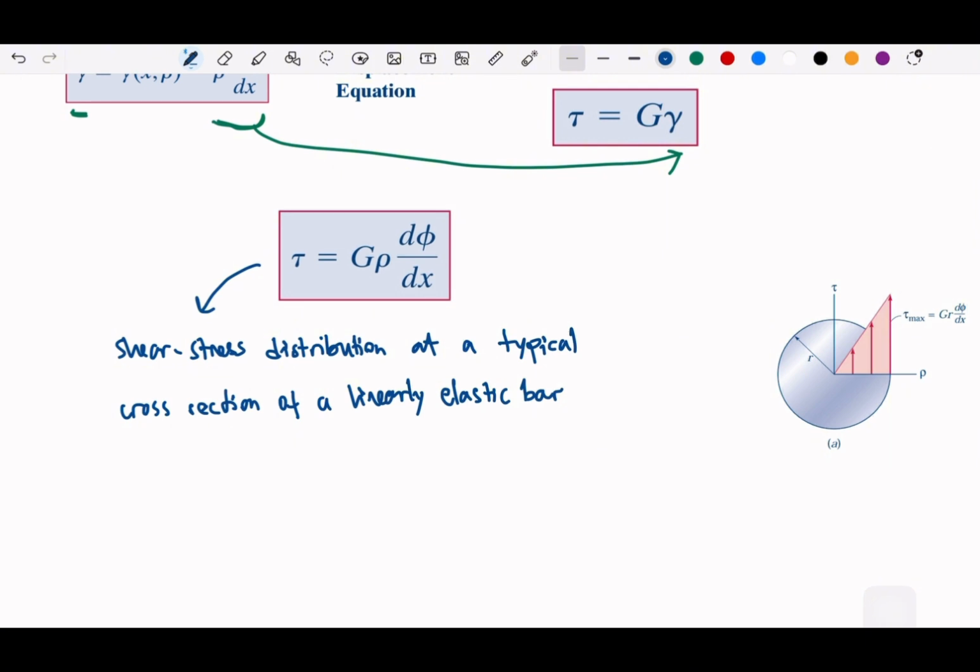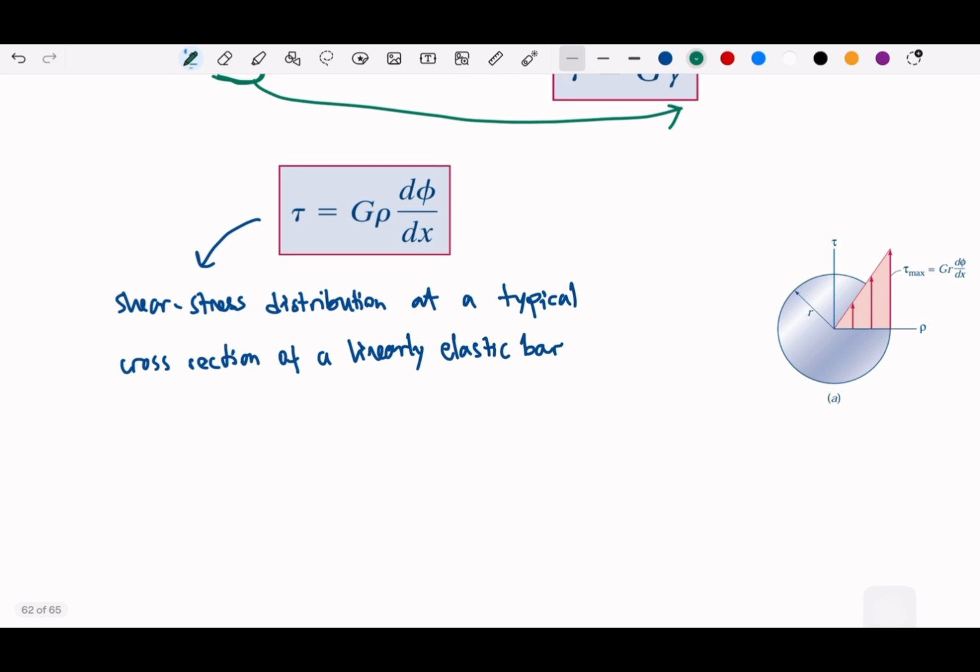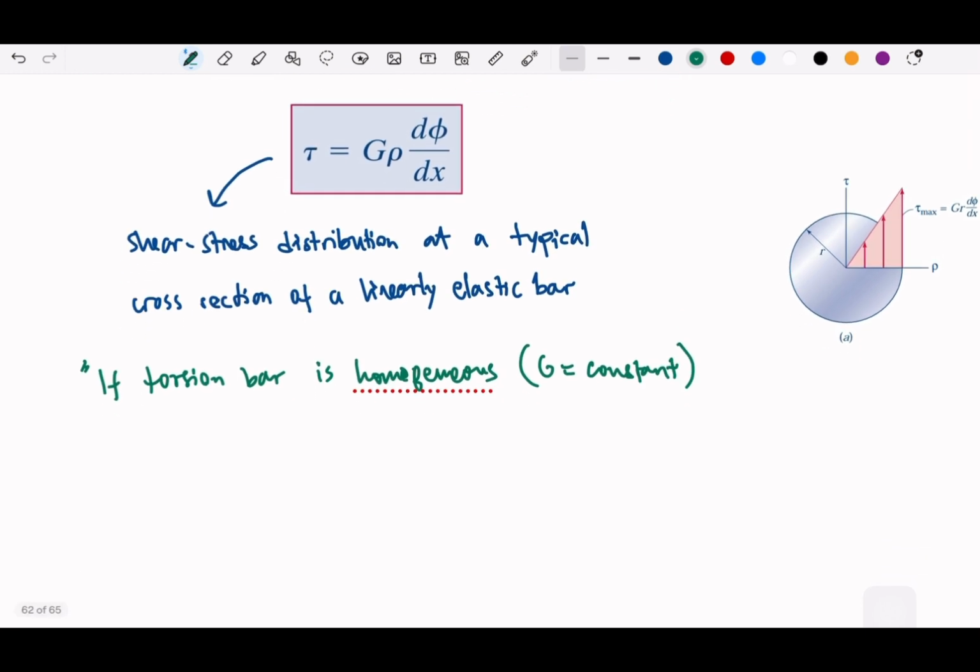So if the torsion bar is homogeneous or uniform, or G is a constant, then the shear stress will vary linearly according to the distance of the radius.